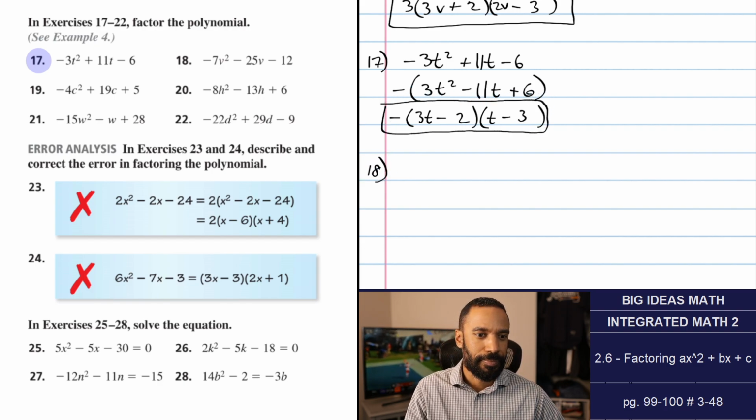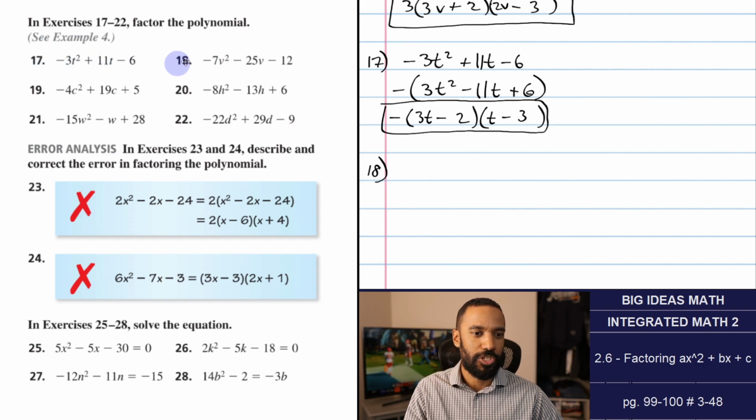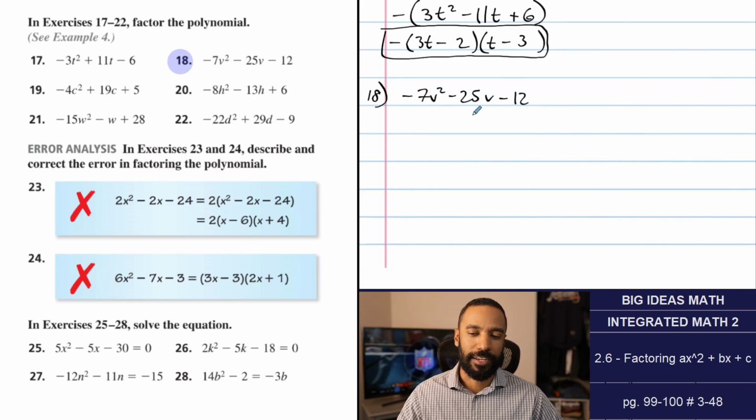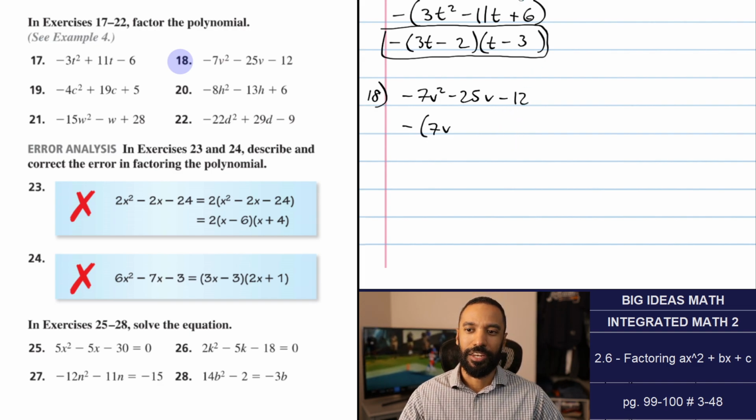Number 18. Negative 7v squared minus 25v minus 12. Okay, factor the negative out of here. We get 7v squared plus 25v plus 12.